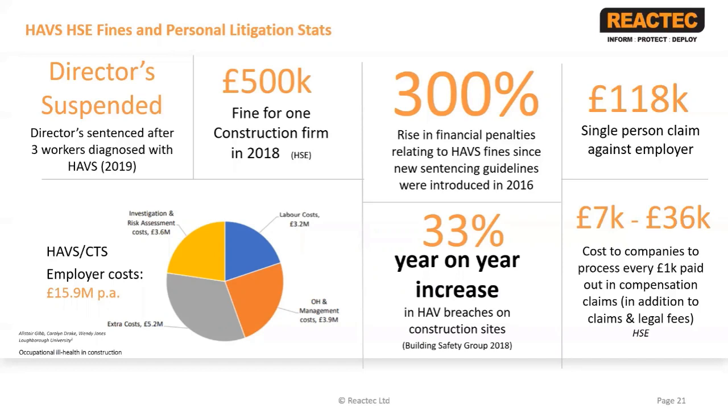First of all, there's the ability for the HSE to impose fines on organisations which they find have been non-compliant in their duties and responsibilities to their employees. And secondly, there is the ability for the employees themselves to seek personal liability claims against their employer. And for those, organisations generally have insurance in order to cover these costs. But again, these insurance costs come at a cost in themselves.